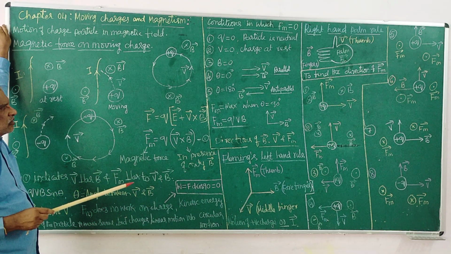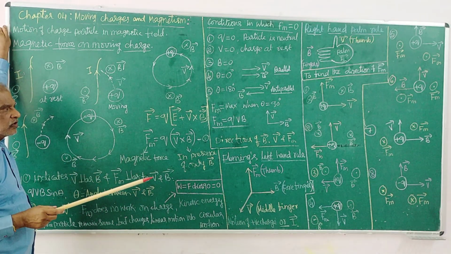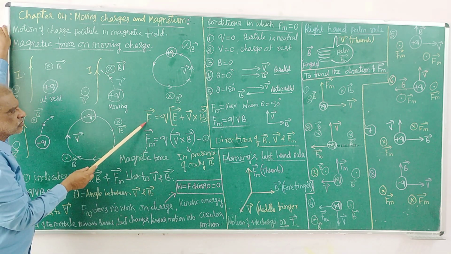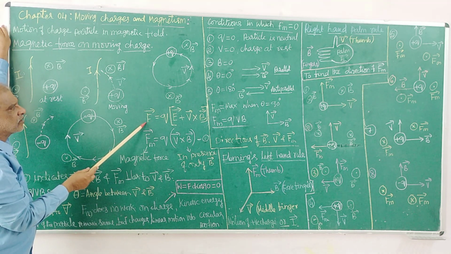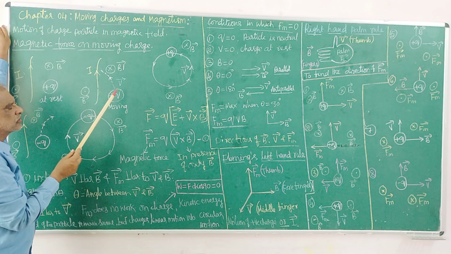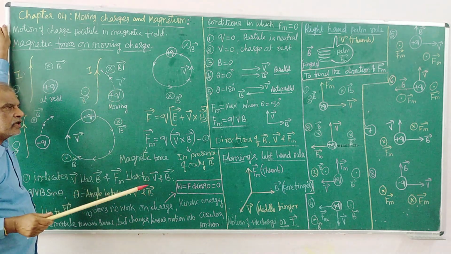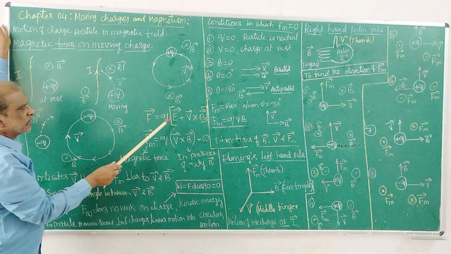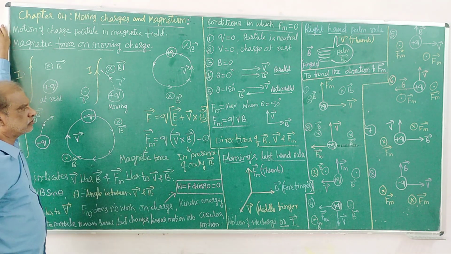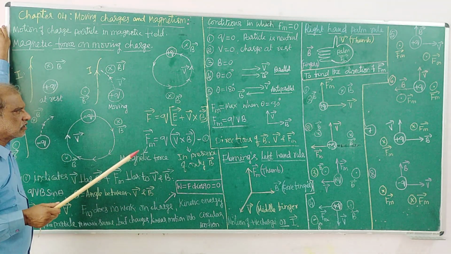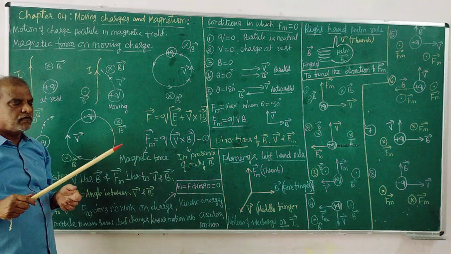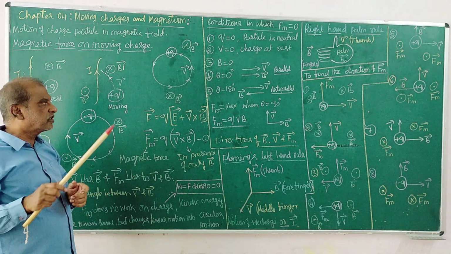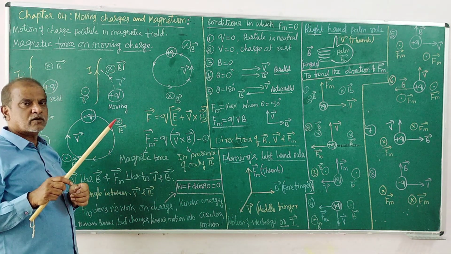A mathematical equation in vector form for the force which can act on a charged particle moving in space where both electric field and magnetic field are present.